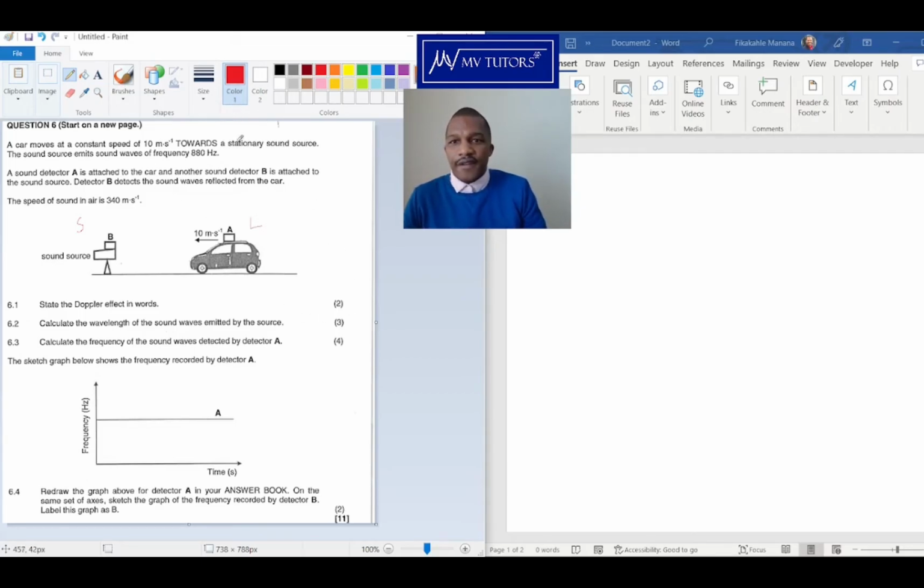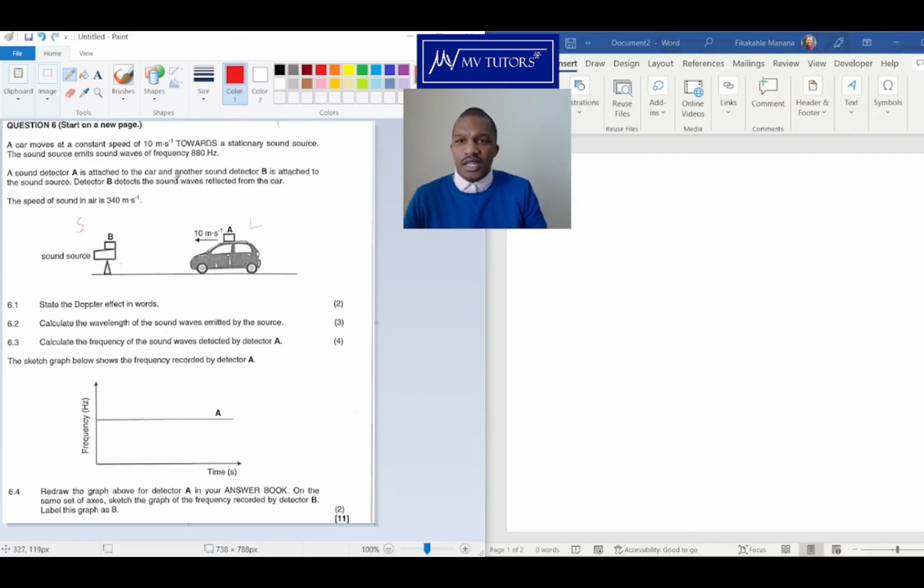Okay, and then it says the sound source emits sound waves of a frequency of that. Sound detector A is attached to the car, and another sound detector B is attached to the sound source.